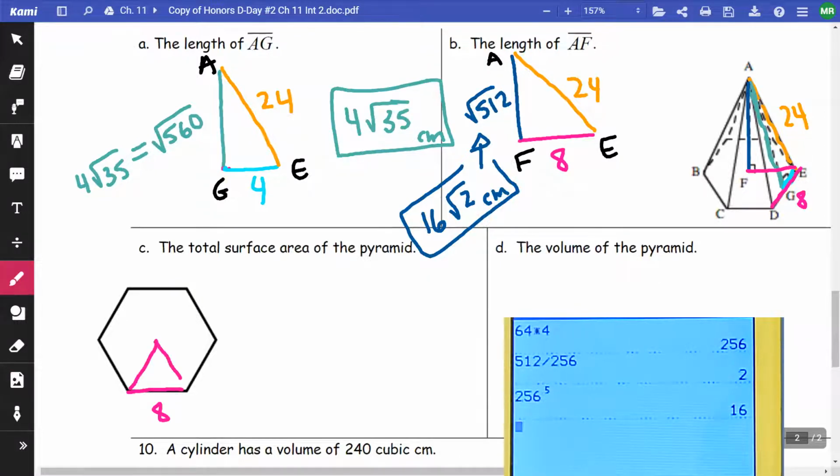We know that these are each 8. Now, this is an equilateral triangle, which means that if I split this, this is going to be 4, this is 8, this is going to be 4 root 3 because it's a 30, 60, 90 when I split my equilateral. So what that means for my, sorry, just going to move this.